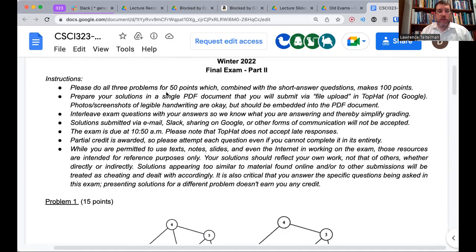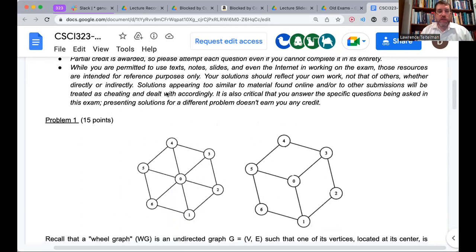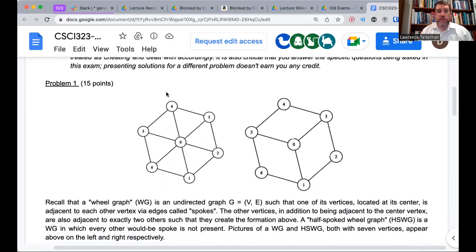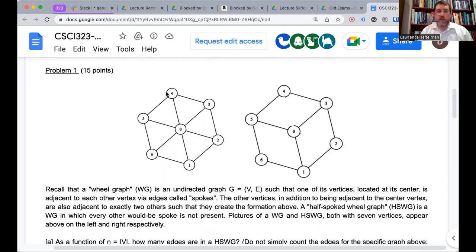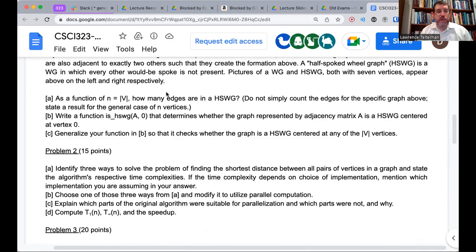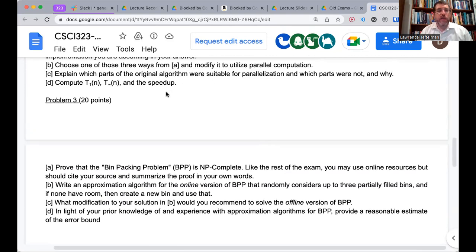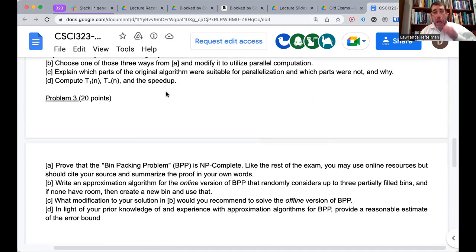So go down, what was it? Go down to the question. Yeah, is it this? I think you said the last question. Go down further. Okay. Oh, so the bin packing problem, right?